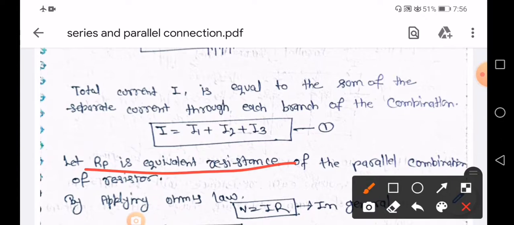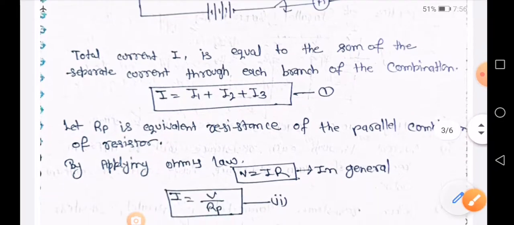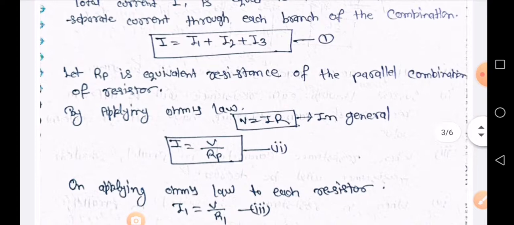Next, we apply Ohm's law. Ohm's law says that V is equal to IR, that is, voltage is equal to current times resistance.